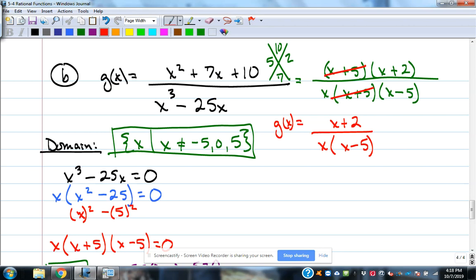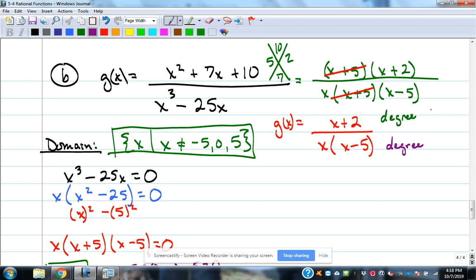Okay. Now, what's the degree of the numerator in the simplified version? Because this is what decides horizontals and obliques, is the degrees.